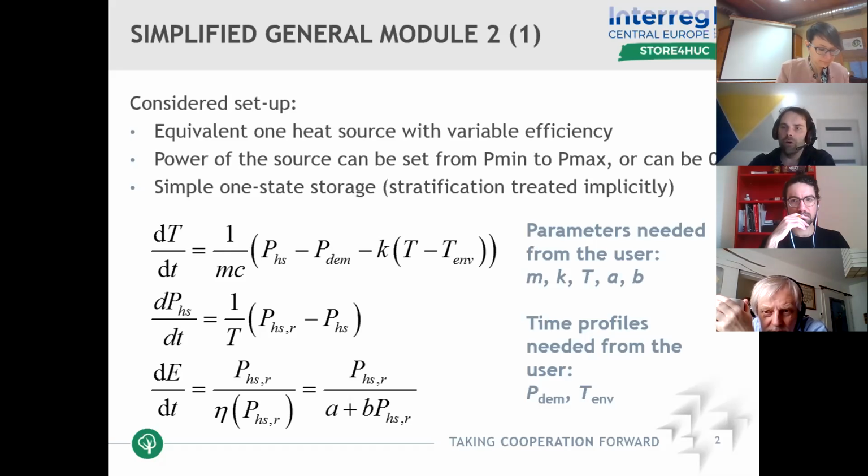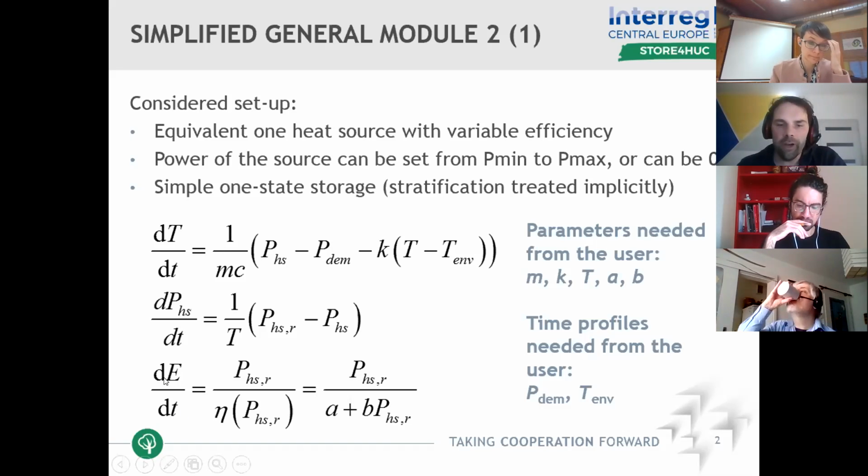And also once it is switched off, there is some residual heating power it can provide. Of course, it is diminishing with time. And finally, after a certain period of time, you cannot suck anything else from this heat storage because it's completely cold. And then the third thing, which is very important, this third equation.